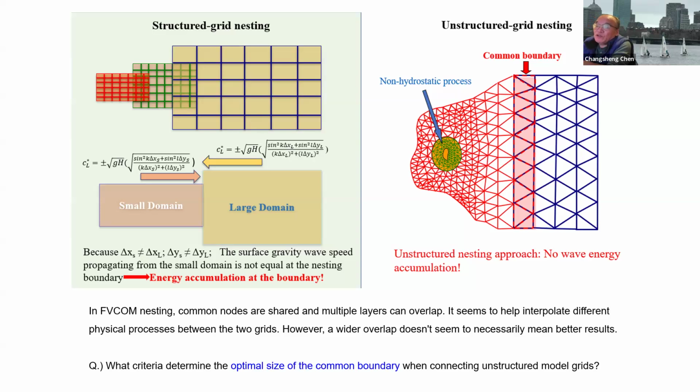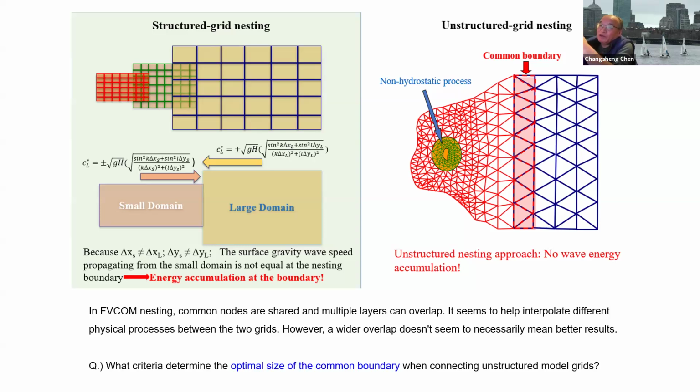We know the geostrophic circulation, and 10 kilometer resolution is sufficient in the open ocean. So if you have a nesting boundary in the open ocean, 10 kilometers is probably good enough, depending on the circulation of the larger domain model you resolve. You don't want to set your boundary where the larger domain does not truly resolve your physics.